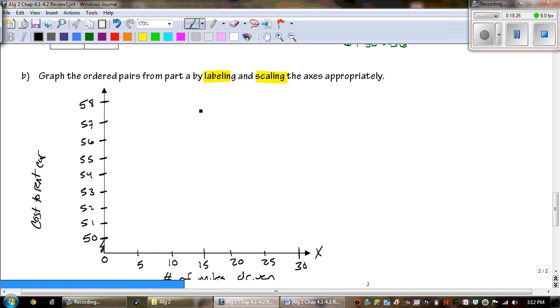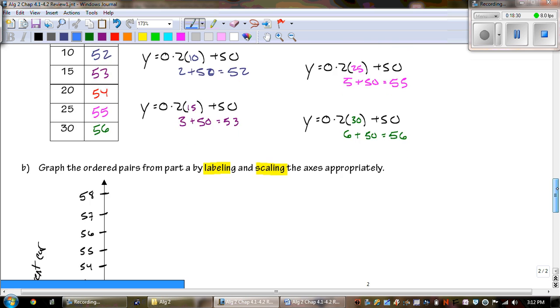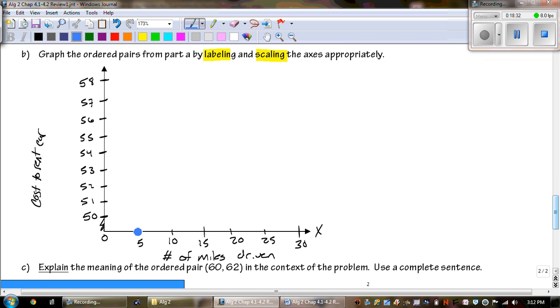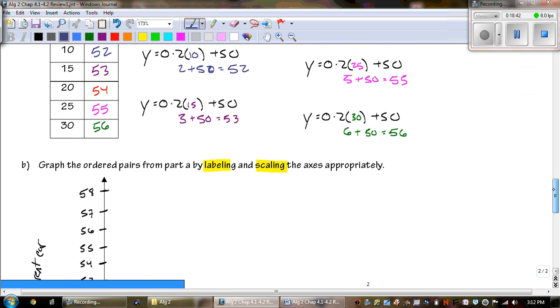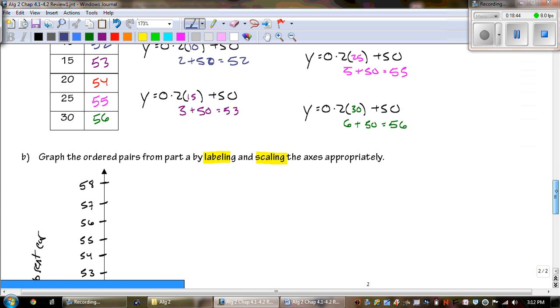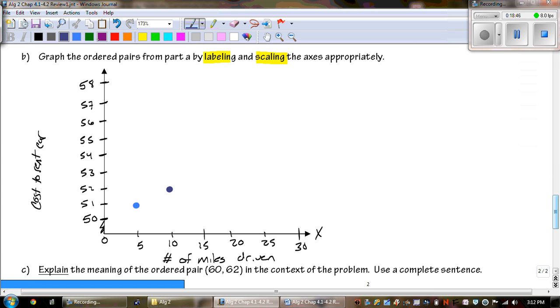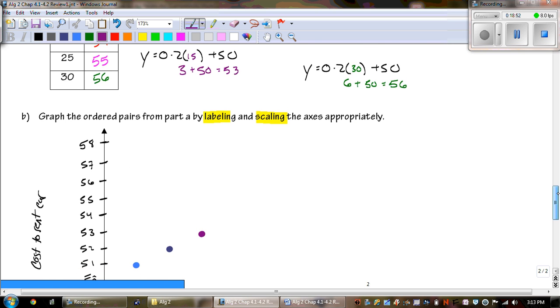And there we go. And now the next thing we have to do is to graph all the points. So the first one is 5, 51. Then it was 10, 52. What was the next one? It was 15, 53. So 15, 53. 20, 54.